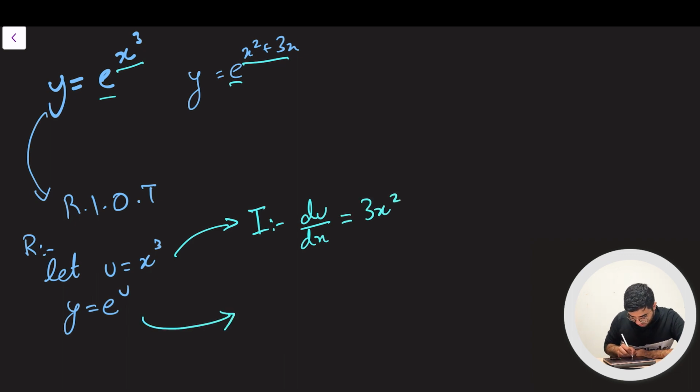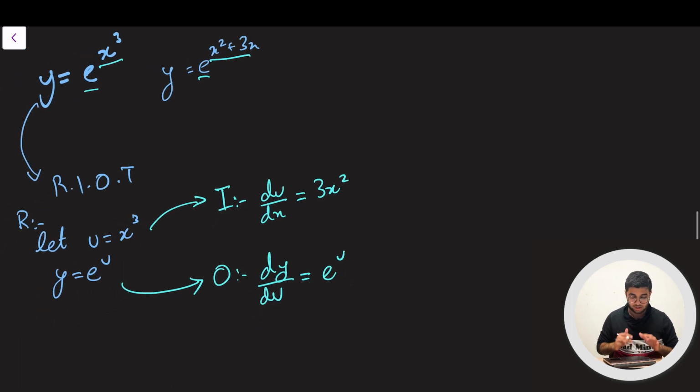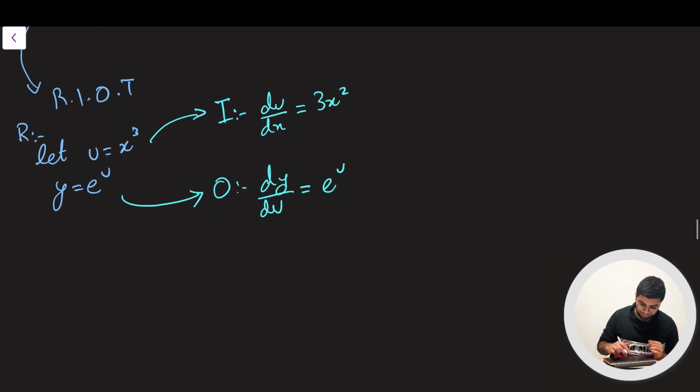This is our outer function, hence the O: dy on du is equal to e to the u, because we just saw that when we differentiate it, it stays the same.